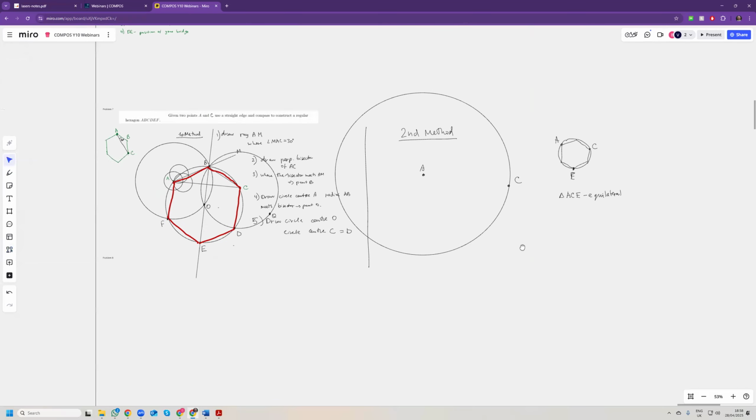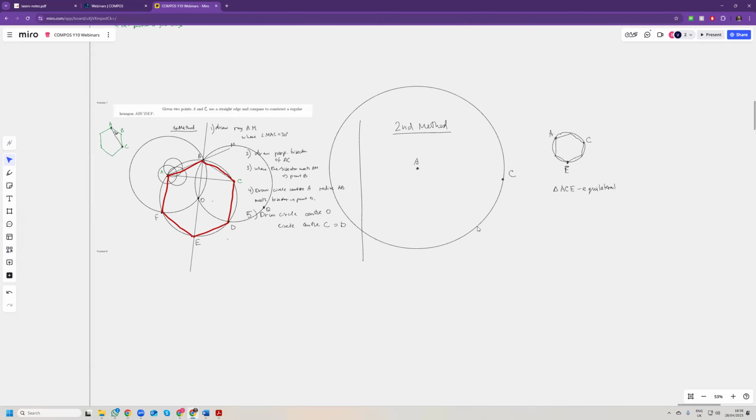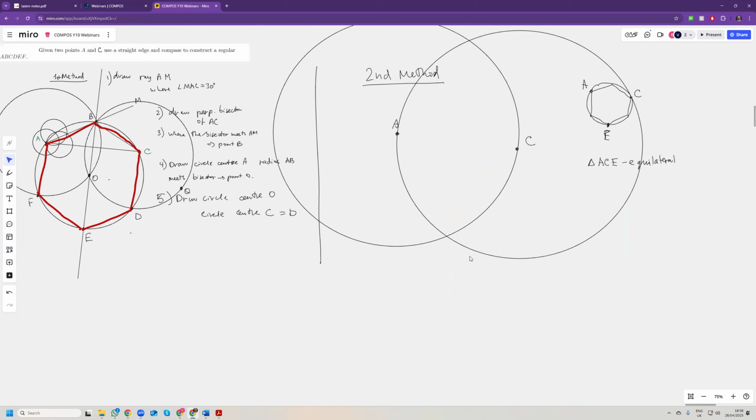So you draw a circle center A, circle center C, and that's your point E. So first, AC equilateral, 2, find E by drawing circles.